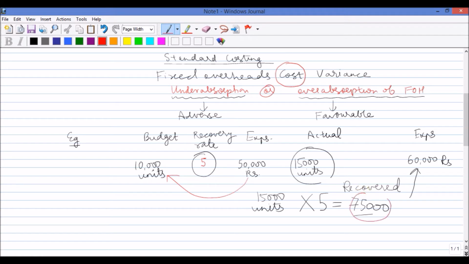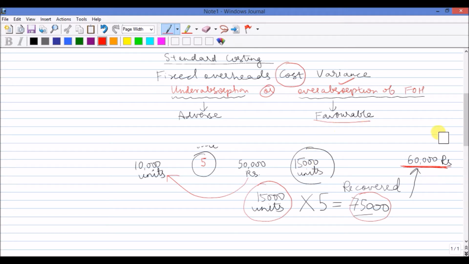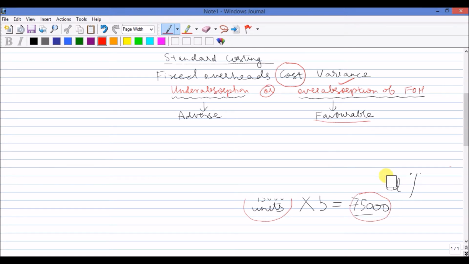You have recovered 75,000 rupees by selling these 15,000 units, and in reality you have incurred only 60,000. It means you have recovered more. So this is an example of over absorption, and this is going to give us a favorable variance. I hope I have made myself clear. You will understand it properly once we are in the sum. So now I'm going further deep into the chapter.